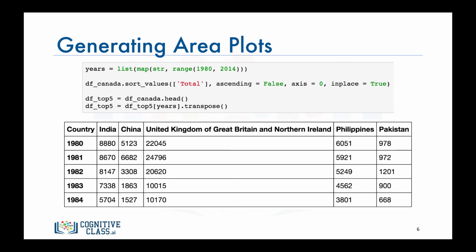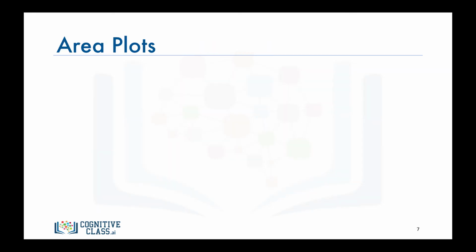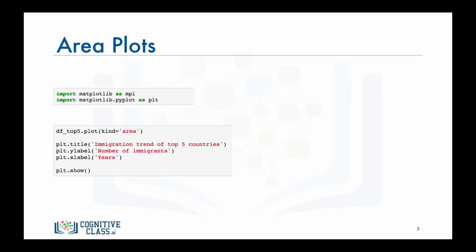Now we can go ahead and call the plot function on data frame df_top5 to generate the area plots. To do that, first we import matplotlib as mpl and its scripting interface as plt. Then we call the plot function on the data frame df_top5, and we set kind equals area to generate an area plot.